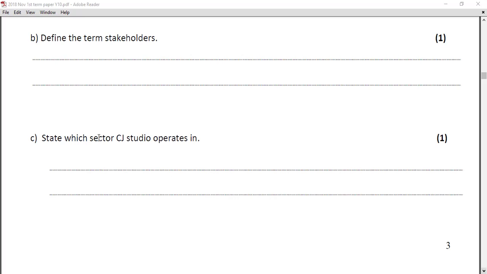Why? Even CJ Studio, it's in the question also, right? Because you can't write the name of the case study as application, because the name is a very limited level of application. Because if you change the name, for example, without saying CJ Studio, if you say KFC, the answer still works: KFC is operating in the tertiary sector. So you can't write like that. You have to write a reason for this.